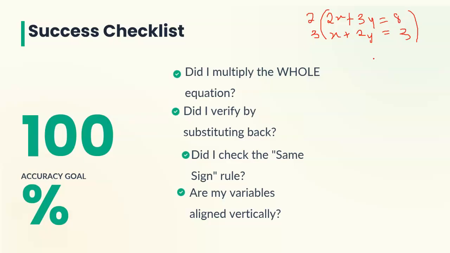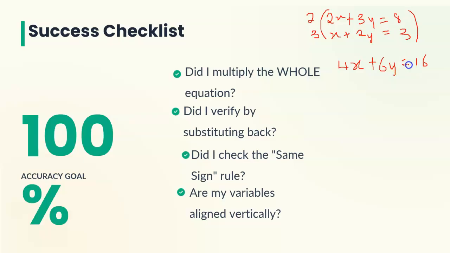So by doing this, I'm going to eliminate y. So let's try it out. 2 times 2x would give us 4x. And 2 times 3y will give us 6y to be equal to 2 times 8, which will be 16.